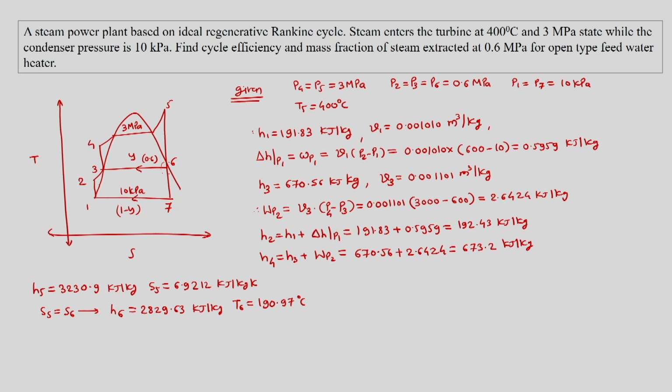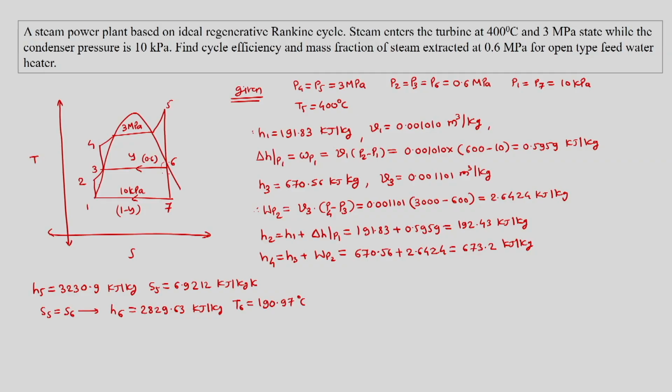Keep in mind that we might have had point 6 inside the dome if the vapor saturation entropy were higher than S5 or S6. In that case 6 would have been inside the dome, but at this moment the vapor saturation entropy is lower than S5. So, 0.6 megapascal is in the superheated zone.